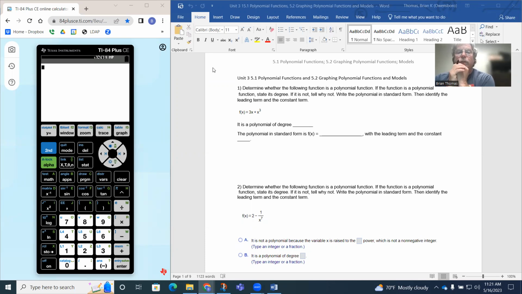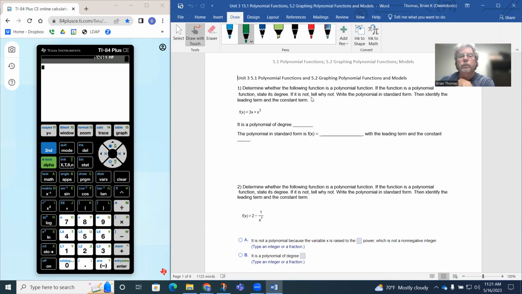So again, the key to a polynomial function is the exponents have to be whole numbers. So they have to be 0, 1, 2, 3.